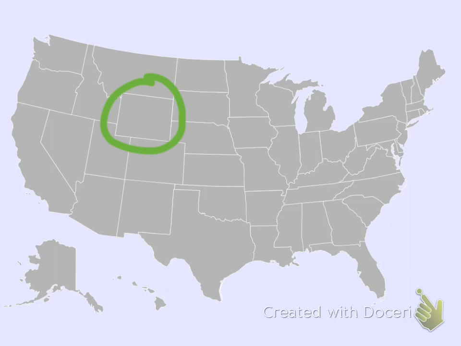From a human perspective, there are more cows in Wyoming than there are people. Did you know that? There are literally, and this is not an exaggeration, this is not a hyperbole, this is not a manner of speech, there are more cows in Wyoming than there are people. And it's a big state, it's a huge area. A lot of those western states are a lot of open range, lots of big cattle ranches.